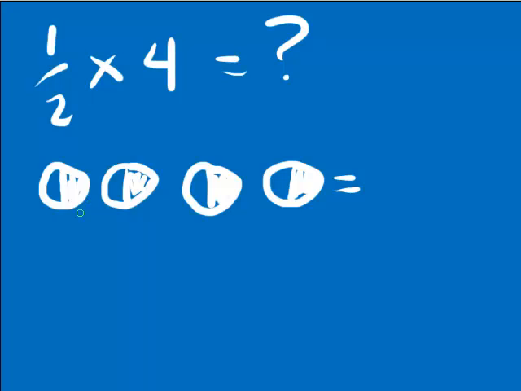So if I look at this, here's my first one, second, third, fourth. We've got 4 different halves. So if I take this half and I add those together, I've got one whole. I take these two and add them together, and I've got a whole. So 1 plus 1 equals 2. So I have 2 wholes. That would be the answer.